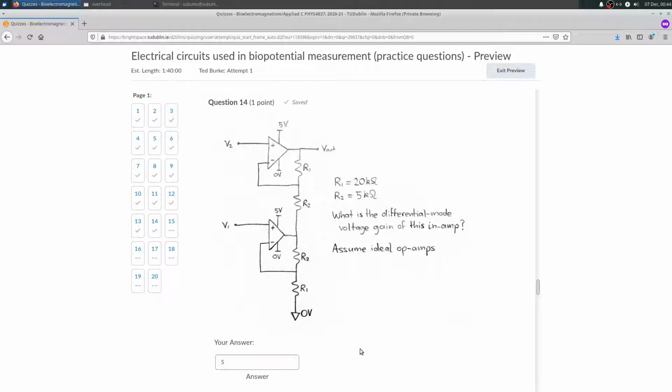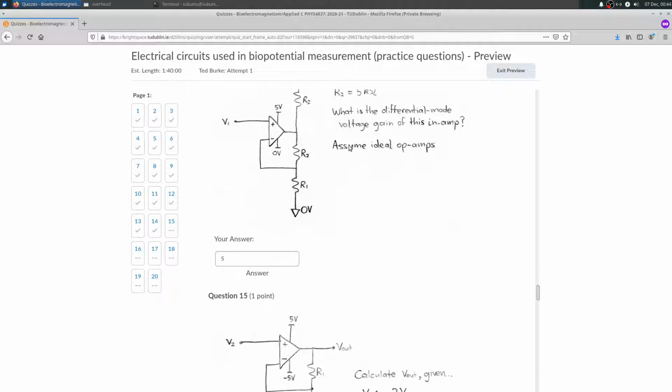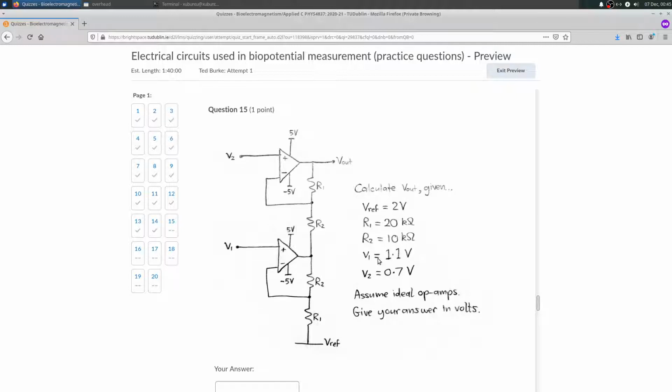In this case, that's just the gain. The units of gain are sometimes written as volts per volt if it's voltage gain, which is what we're looking at here. So it's essentially a dimensionless quantity, a ratio of two things that have the same units. So in this case no units are specified, and we just type in the number. Okay, question 15.